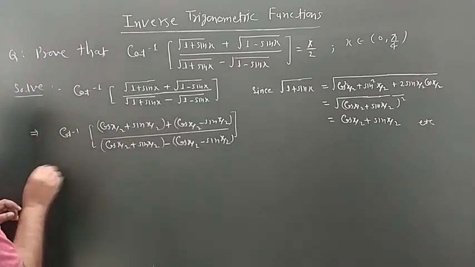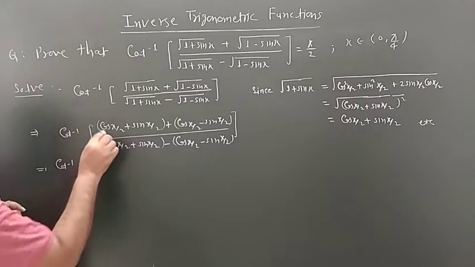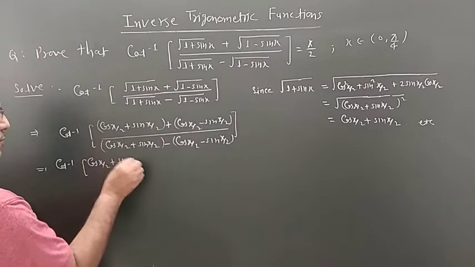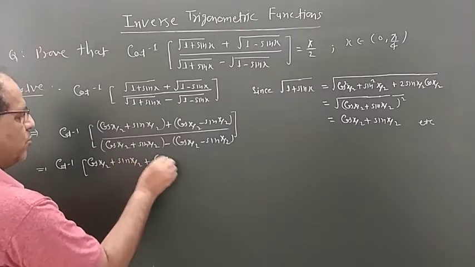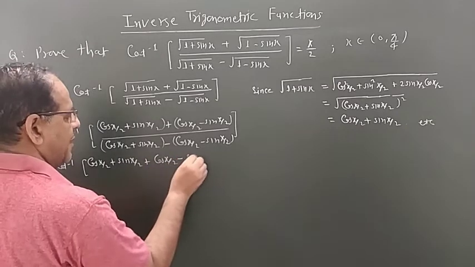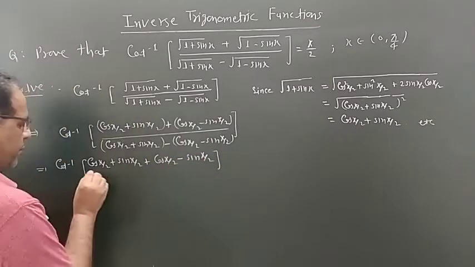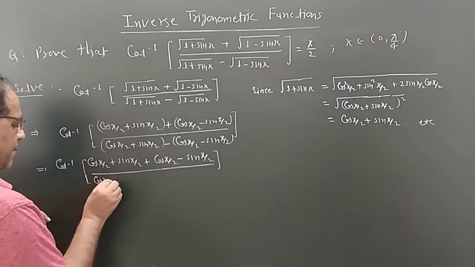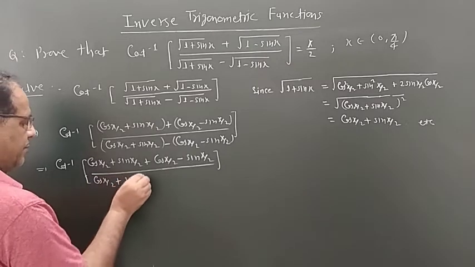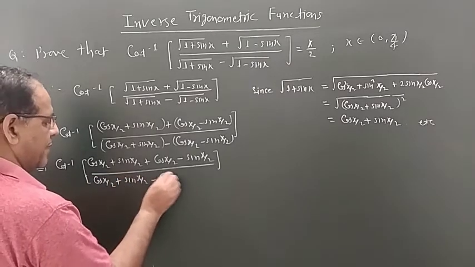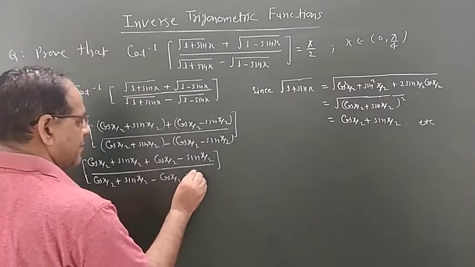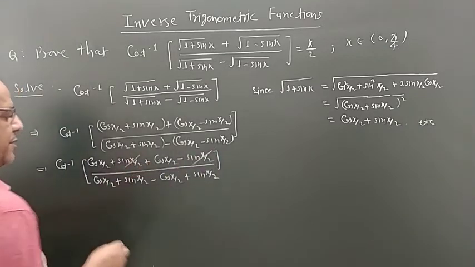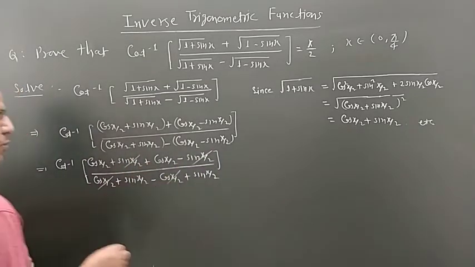Now in the next step, this can be written as cot inverse of (cos x/2 plus sin x/2 plus cos x/2 open the brackets minus sin x/2) upon (cos x/2 plus sin x/2 minus cos x/2 plus sin x/2). So sin x/2 cancels out, cos x/2 cancels out.